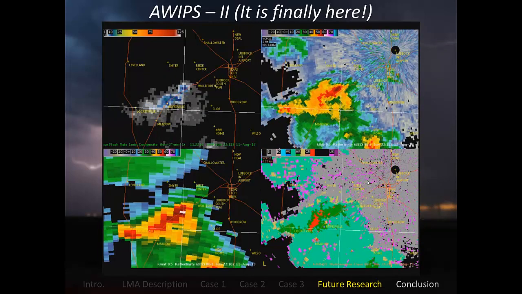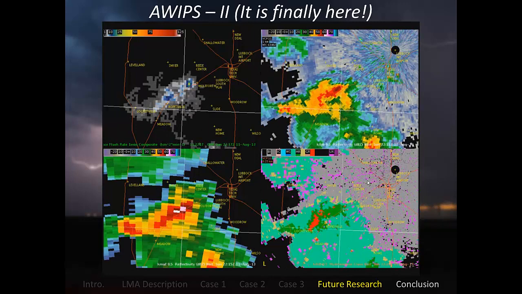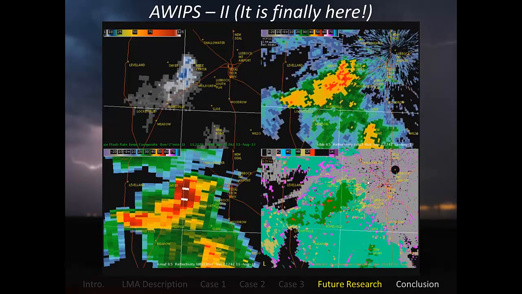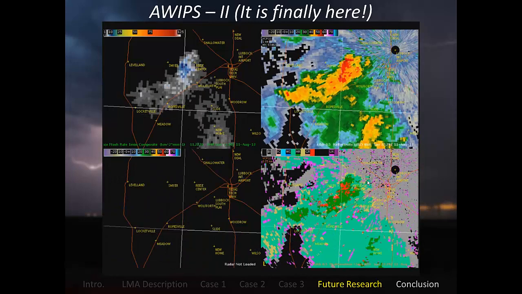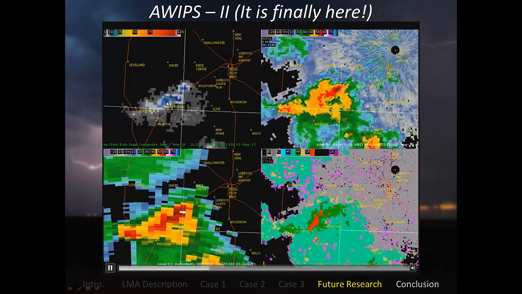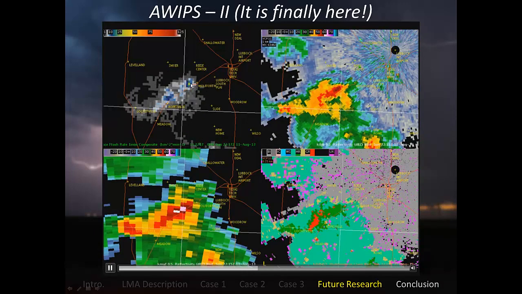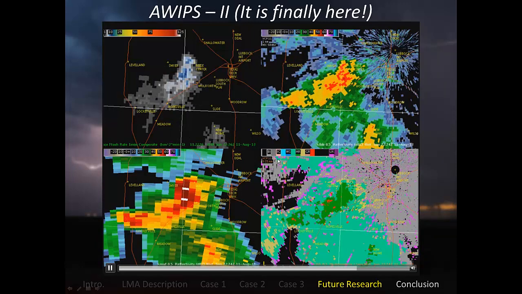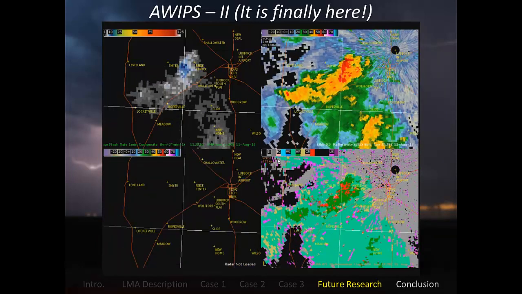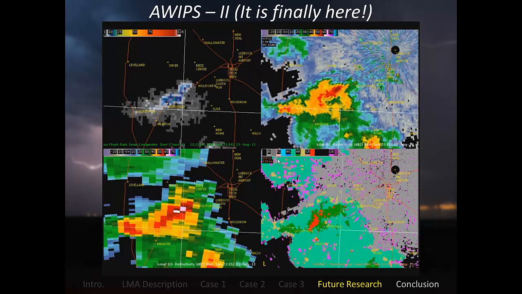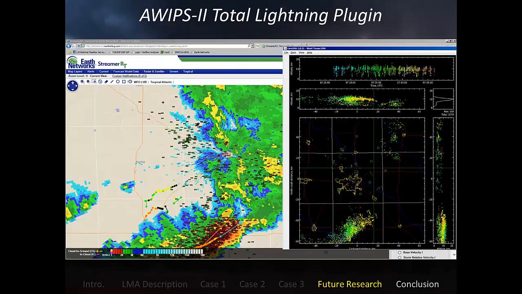Basically you're taking all those sources and gridding them up into a 1 kilometer by 1 kilometer grid at a 1 minute interval, and we're able to see how the storms are evolving. For instance, you saw here we had some yellows, which indicates there are quite a few flashes and sources, again here as we get a new updraft pulse, and then just some radar fields to be able to compare it. So we're going to start looking at that, start building some cases to see how well it works, and we have a few here this spring already that we're looking at.